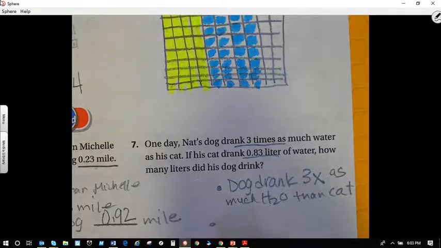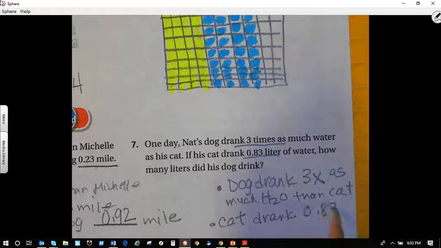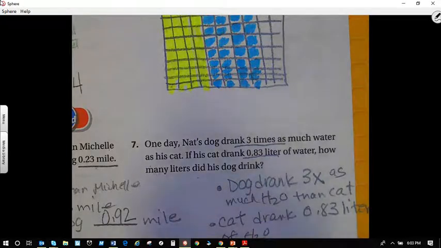Cat, on the other hand, drank 83 hundredths liters of water. Dog drank blank liters.